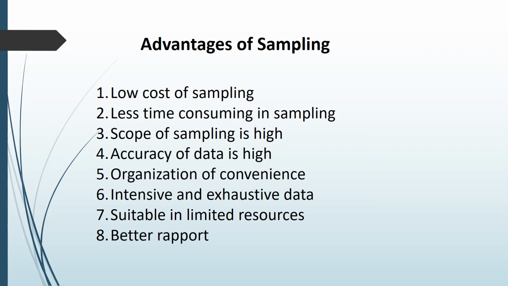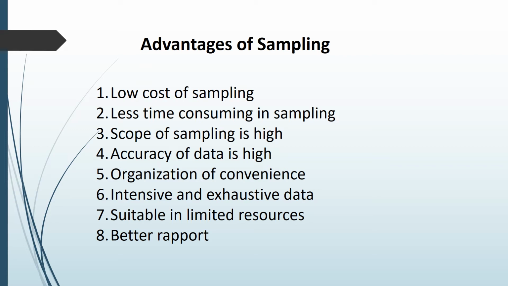Fourth is the accuracy of data is high. Having drawn a sample and computed the desired descriptive statistics, it is possible to determine the stability of the obtained sample value. A sample represents the population from which it is drawn.